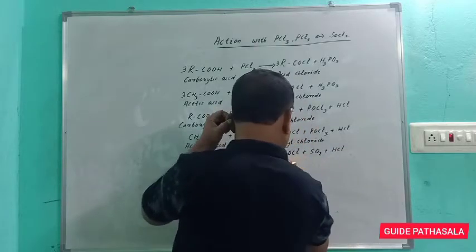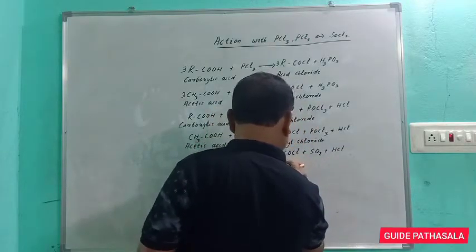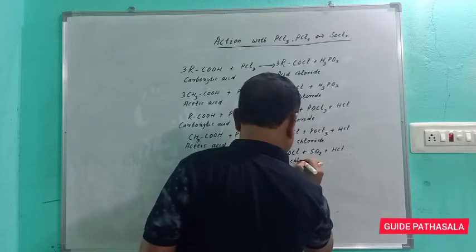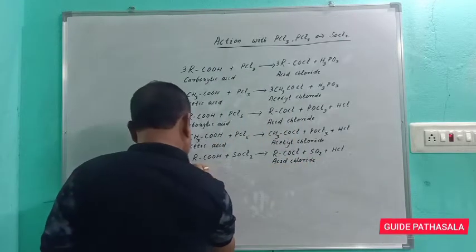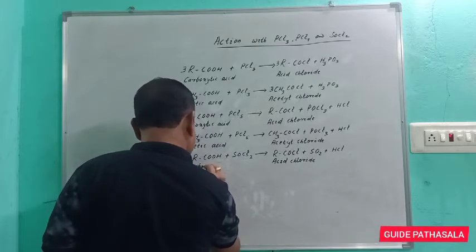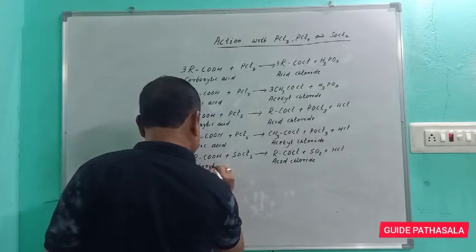RCOCl is the acid chloride and RCOOH is your carboxylic acid.